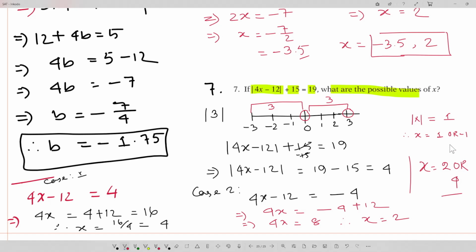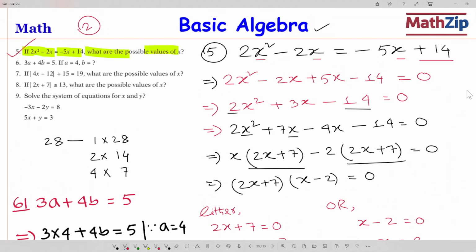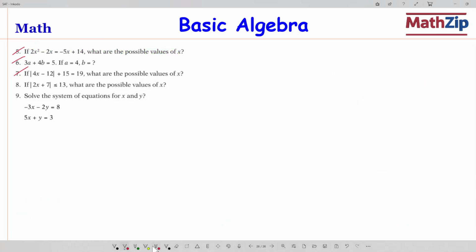Okay, so very simple. We are trying to solve 1, 2 and 3 math. Number 8, it's very important. The absolute value of 2x plus 7 is less than or equal to 13.